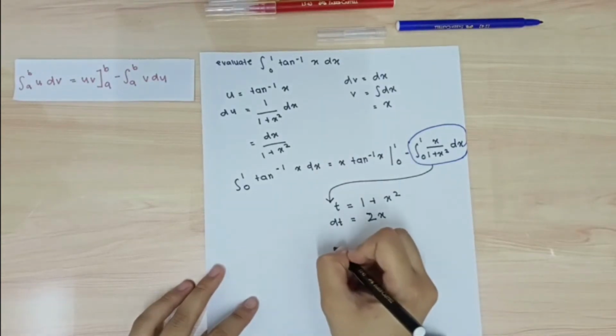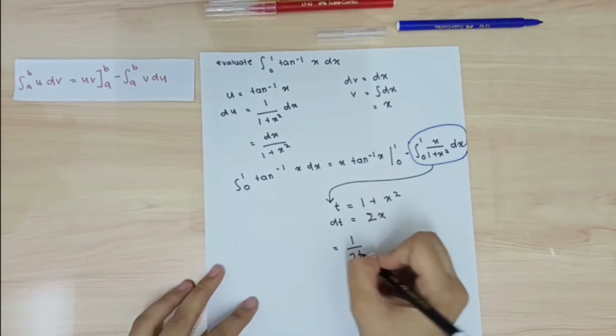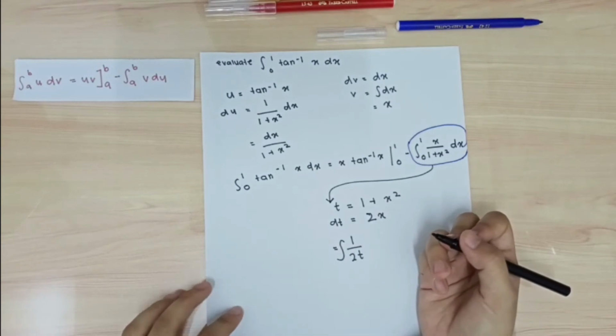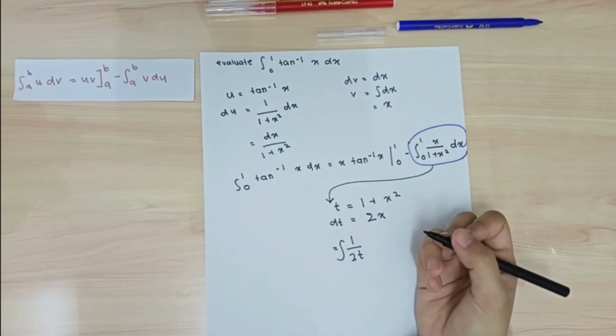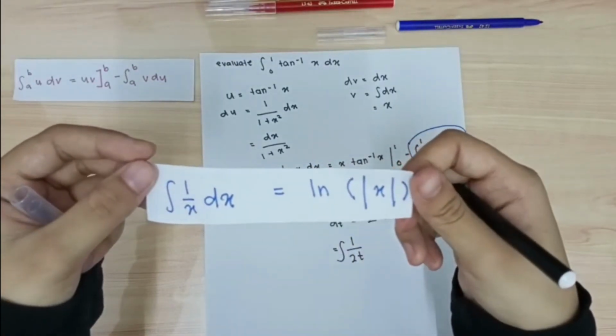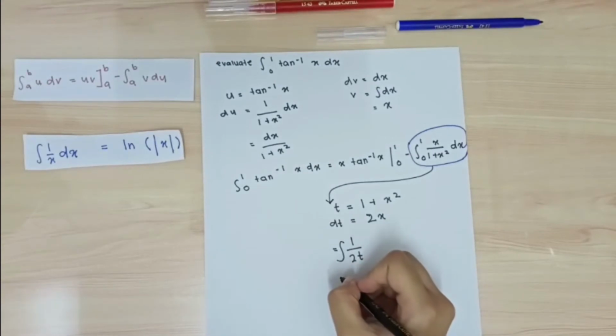Transform the integral and then we have the integral of 1 over 2t dt. Using these properties, evaluate the integral, which is 1 over 2 ln of absolute value of t.